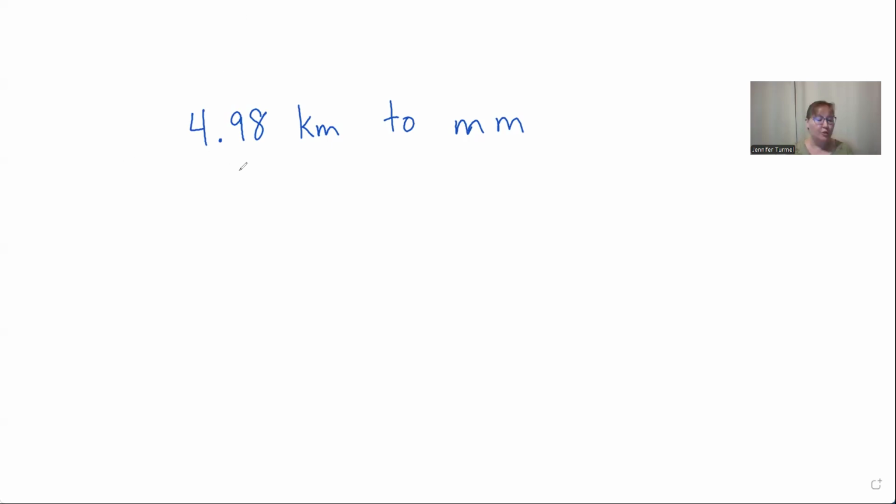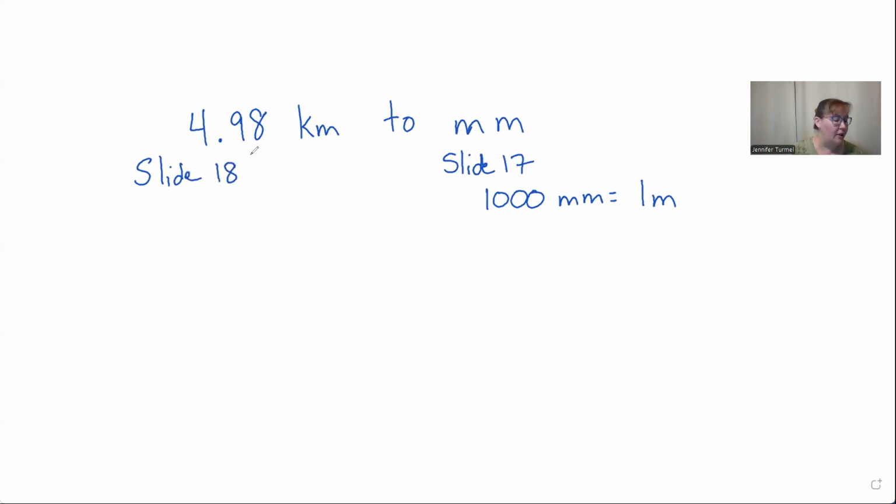We're going to use 2 different conversions. The first one is from slide 17: there are 1,000 millimeters in 1 meter. And from slide 18, you can see that on your chart, there are 1,000 meters in 1 kilometer.